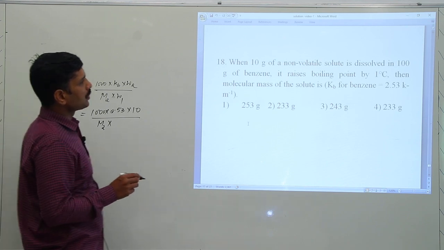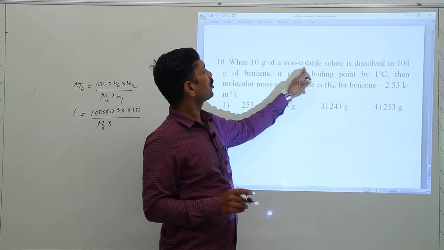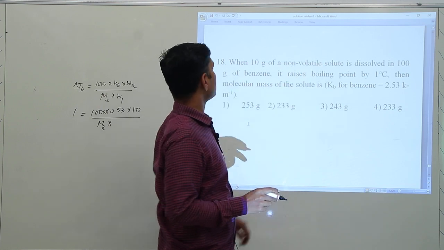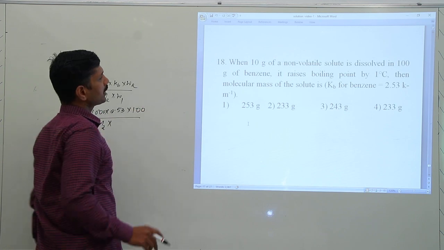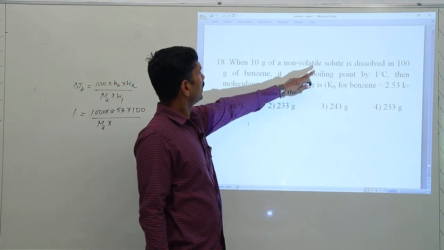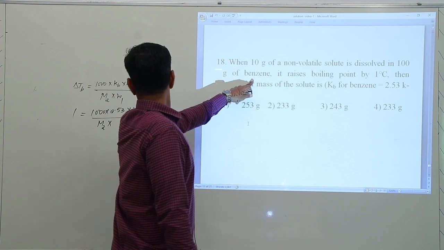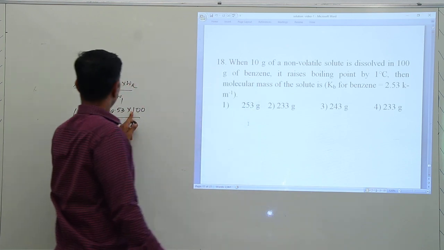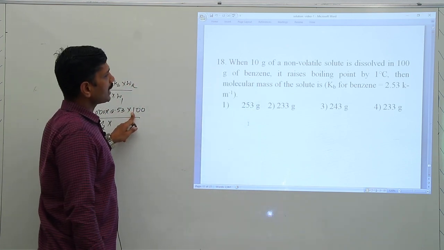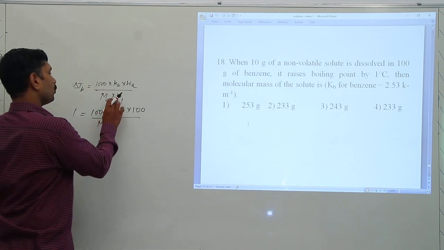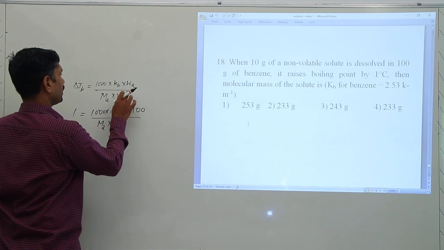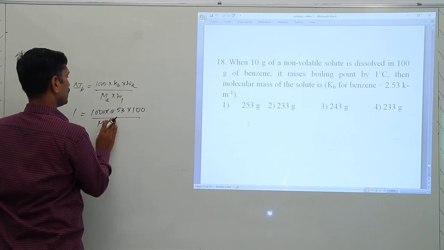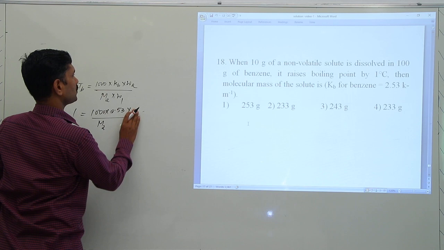What's the solvent here? 10 gram of non-volatile solute dissolved in 100 gram of benzene. So the weight of the solvent is 100 gram. What's the weight of the solute?